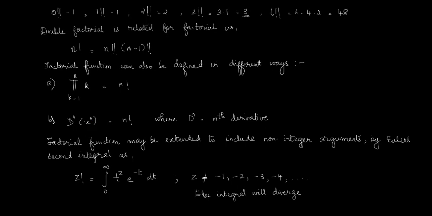In order to include non-integer arguments, Euler proposed an integral representation for factorial, which he gave as z factorial is integral 0 to infinity t raised to z e raised to minus t dt, with a condition that z should not take values minus 1, minus 2, minus 3, minus 4, etc. For all these values, this integral will diverge, but it is defined for all other values.